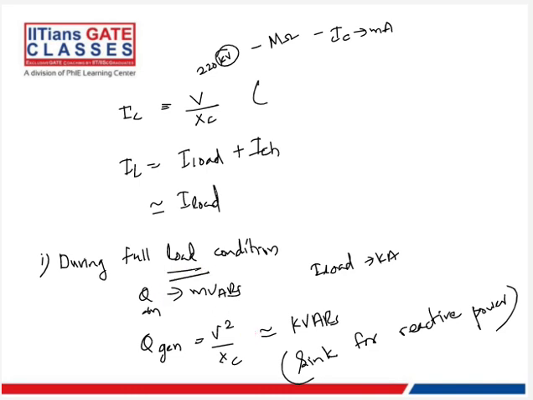This is under full load condition. What we're trying to say is that we are trying to map the behavior of a transmission line under different conditions, right? Now, if you look at the second condition, which is the no load condition, technically I load is 0. So Q consumption is 0, right?